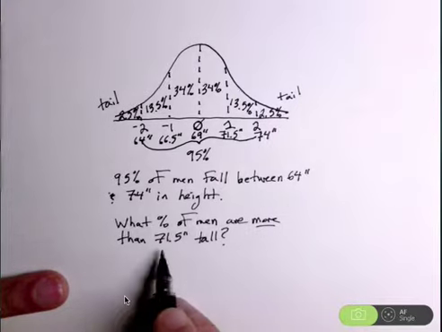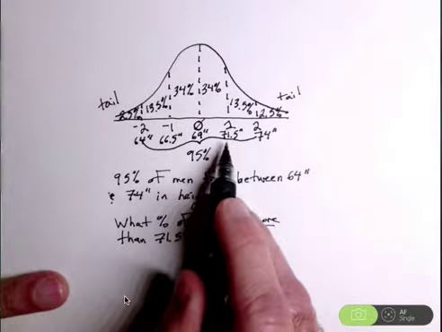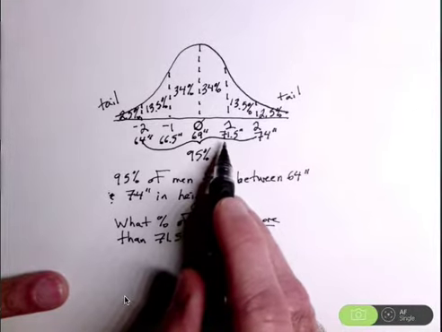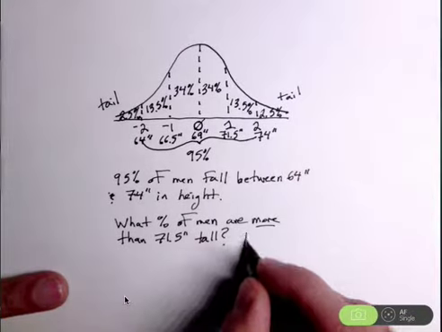Well, 71.5 inches tall, that's almost 6 feet tall. 72 inches would be 6 feet tall, so this is 5 feet 11.5 inches tall. Either way, that percentage can be found by taking in the model this 13.5% plus this 2.5%, so that would make a total of 16%.